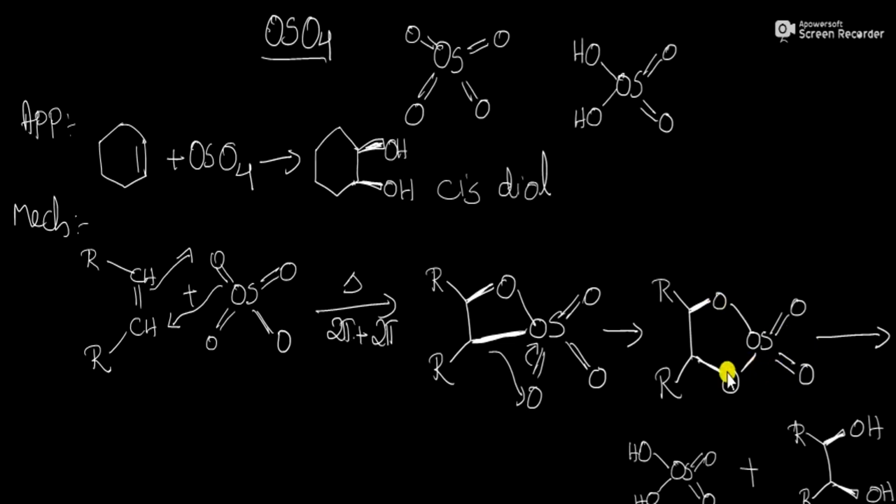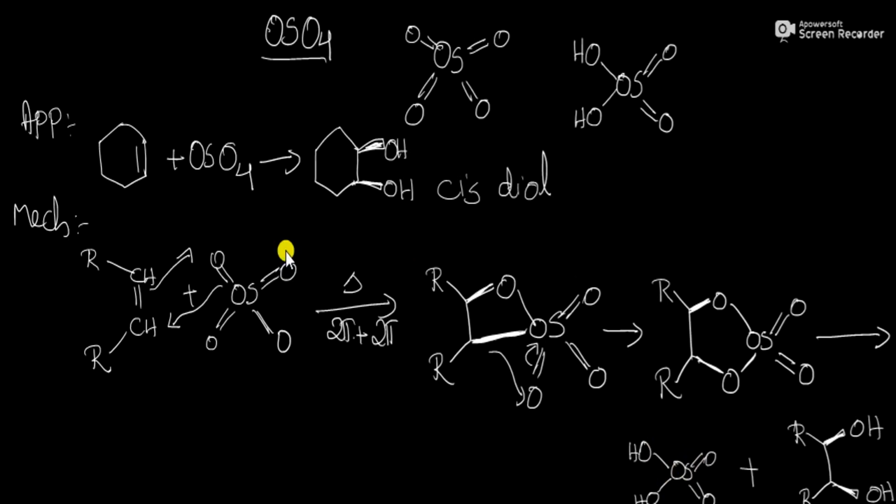Then by decomposing this ester, it will convert into our cis-diol and osmic acid as a byproduct. That is the mechanism of osmium tetroxide oxidation.